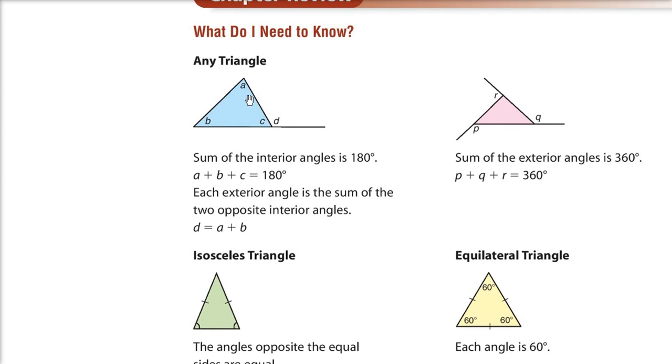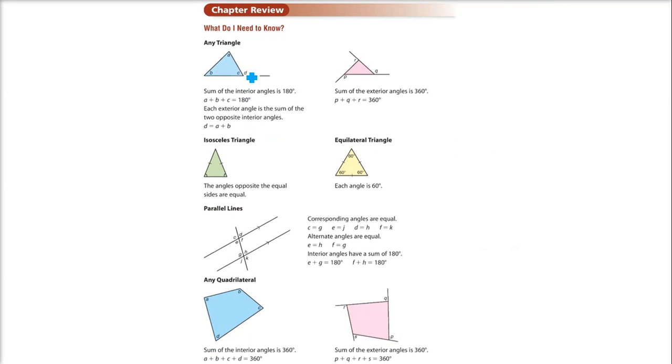That is, if you take D, it will be equal to A plus B. If you extend this one and call it K, K will be equal to A plus C. So K is the exterior angle and it is equal to the sum of the opposite interior angles. Also, the sum of exterior angles will be equal to 360 degree. An exterior angle is formed when one edge is extended and makes an angle with the other edge outside.